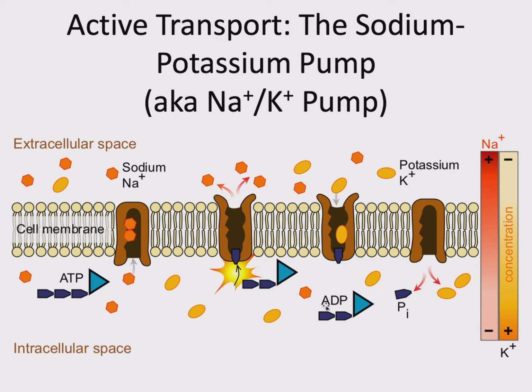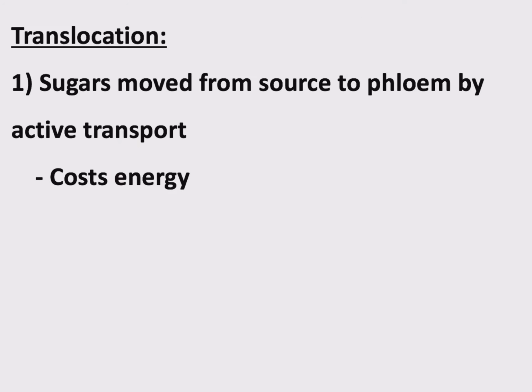You're expending ATP to move stuff from one side of a membrane to another. So plants are spending energy to do this, but in the end, it's going to be worth it. So in this process called translocation, sugars are moved from the source to the phloem by active transport, and this costs energy.